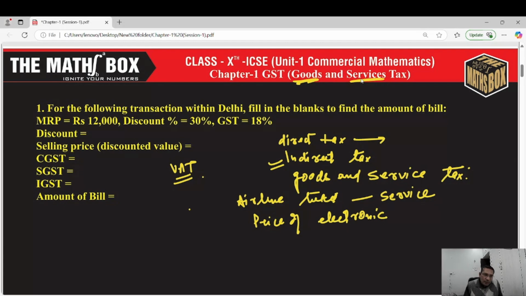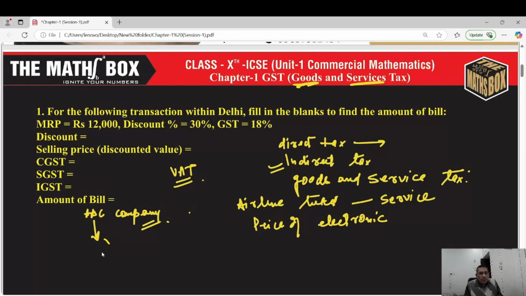So I will tell you a little bit of information about this. Say a businessman is there, an ABC company. Now this company is making purchases. So when ABC company is selling some article to X, ABC is collecting GST on the sales of its goods.